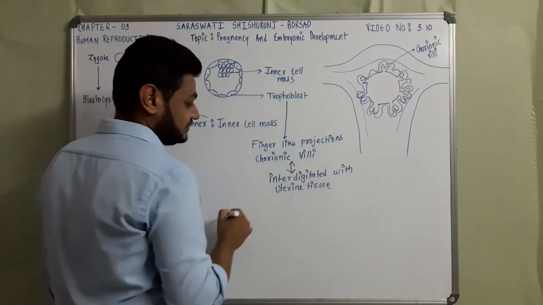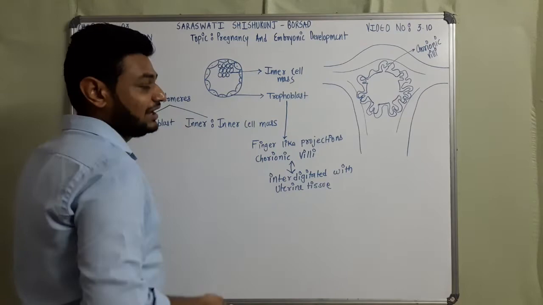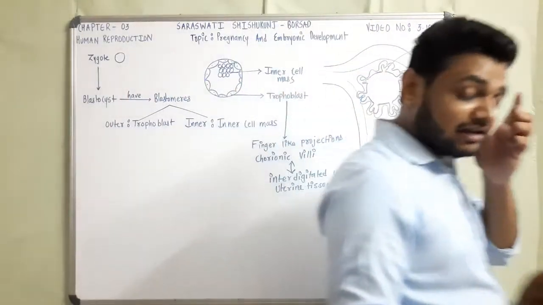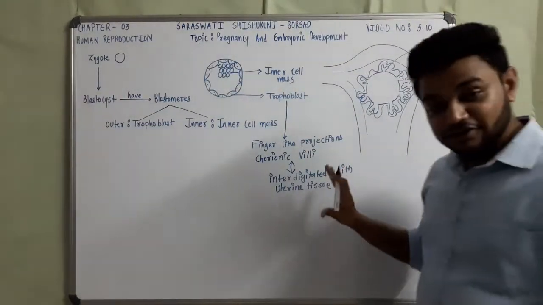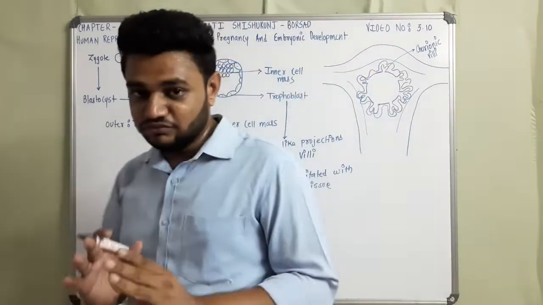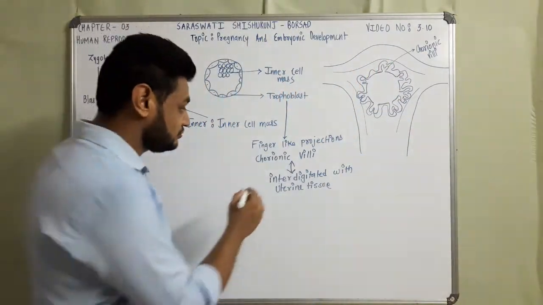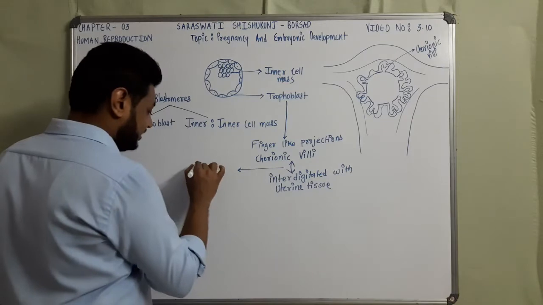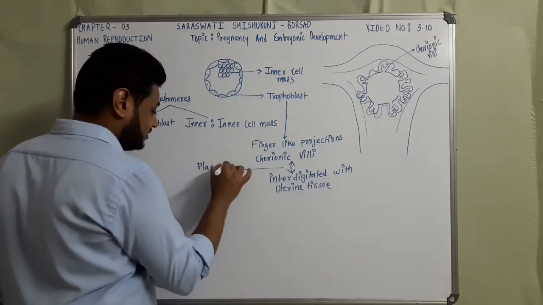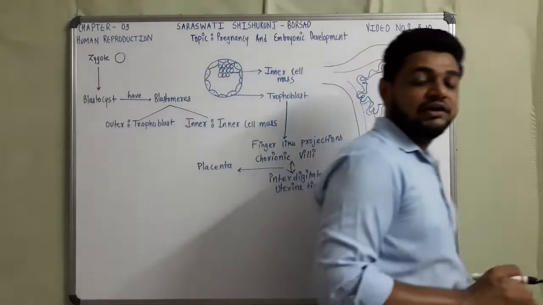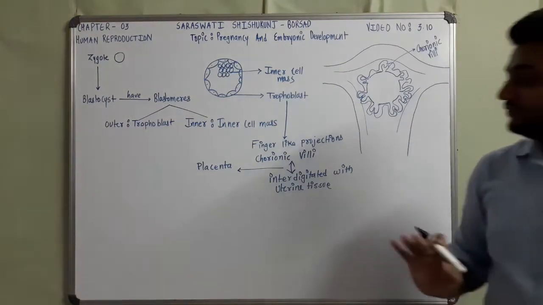This interdigitation of chorionic villi and the uterine tissue is going to form the placenta, and this is the structural and functional part.